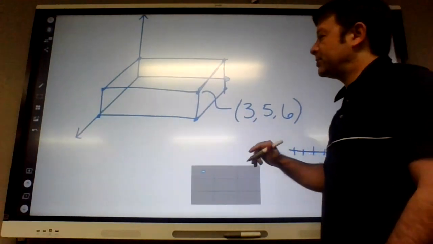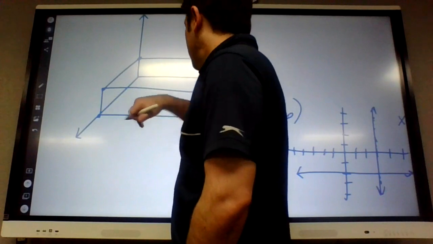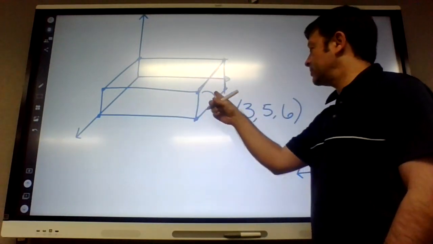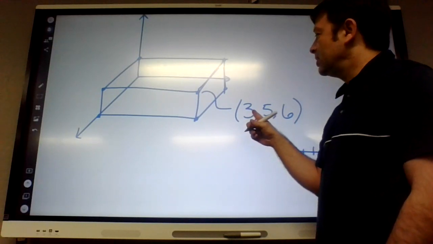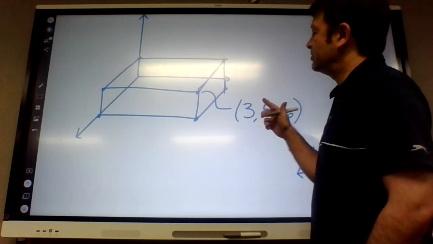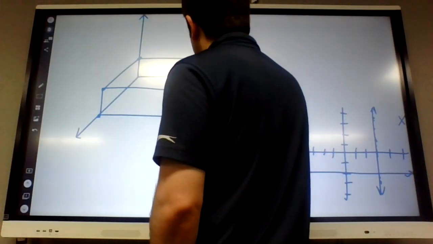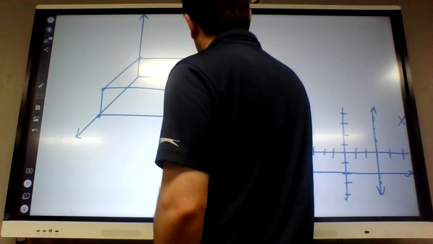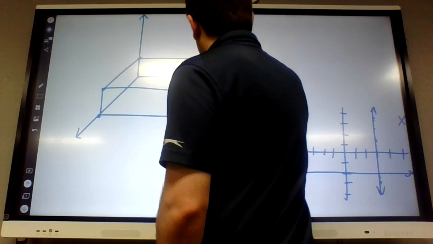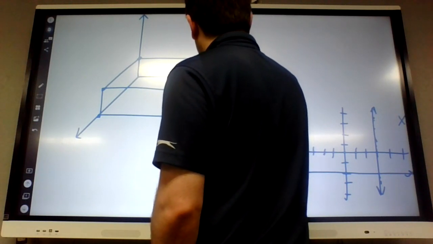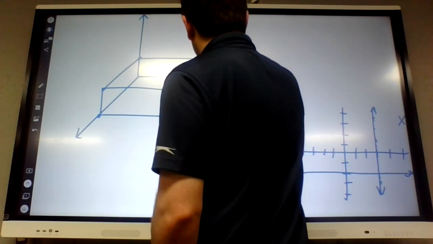So what should we start with? Maybe this front plane right here. Based on the fact that this point is at 3, 5, 6... the picture's screwed up over here. It should look more like that.